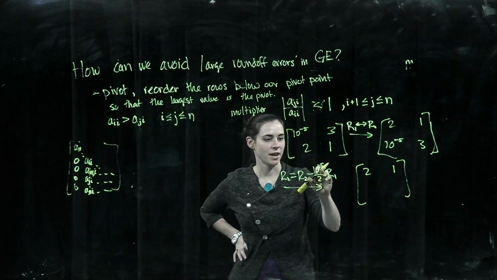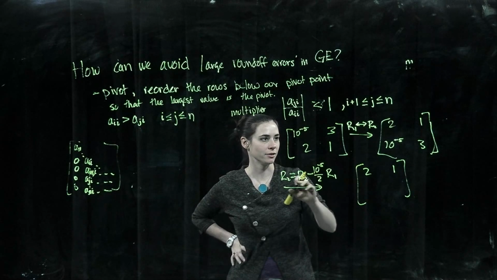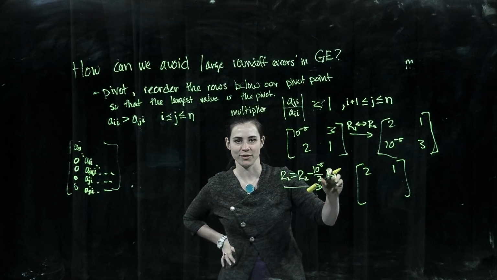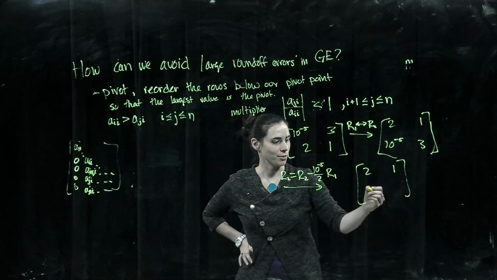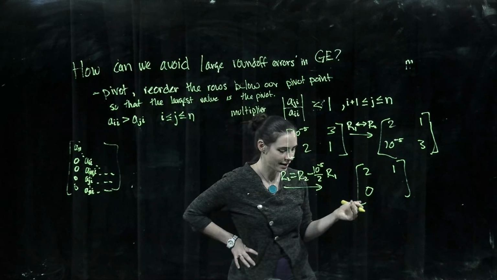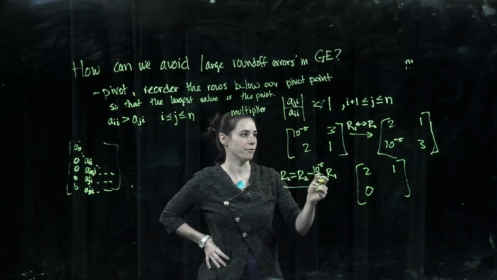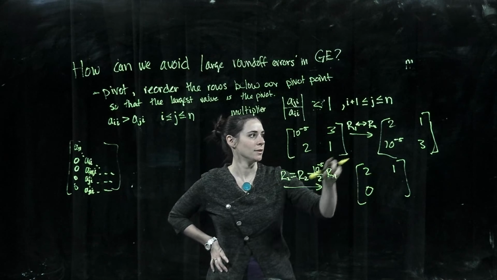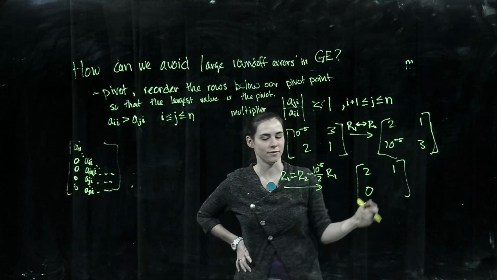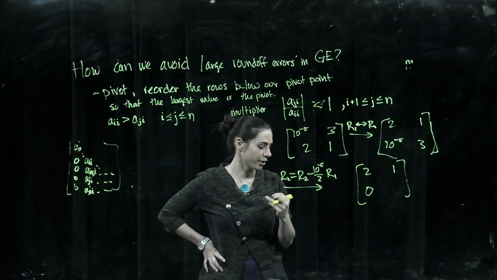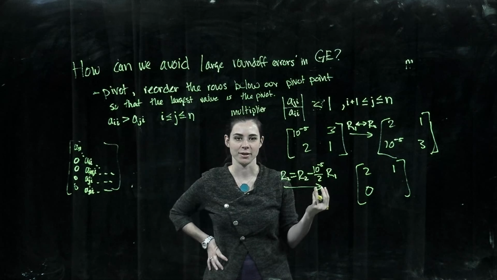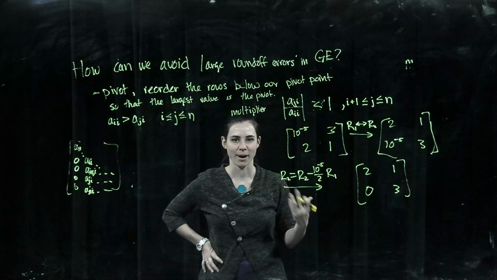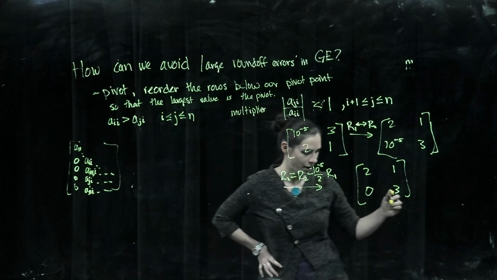10 to the negative fifth minus 10 to the negative fifth divided by 2 is going to end up being 0, as designed. And then for the last entry, we're going to have 3 minus 10 to the negative 5th times 1 divided by 2. Remember we were operating in 3-digit precision, so this is actually going to just be 3 minus a very little bit, which will end up rounding off.